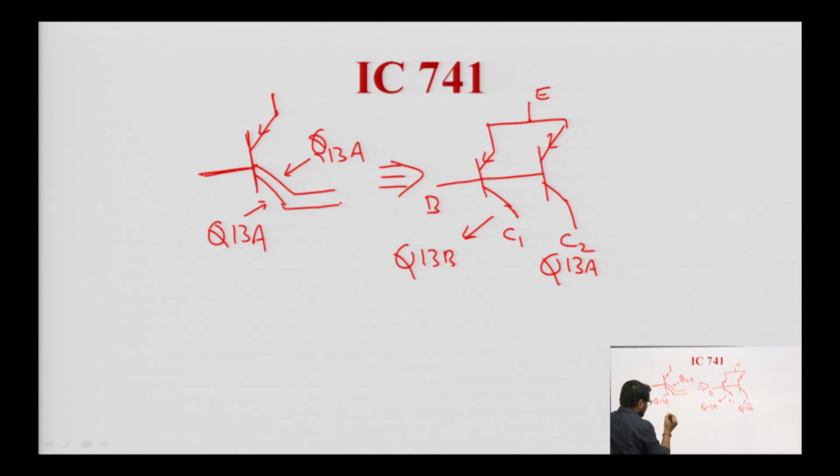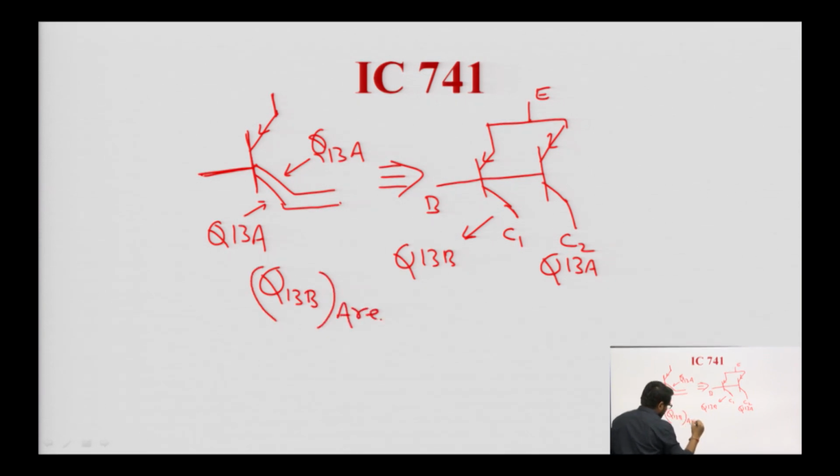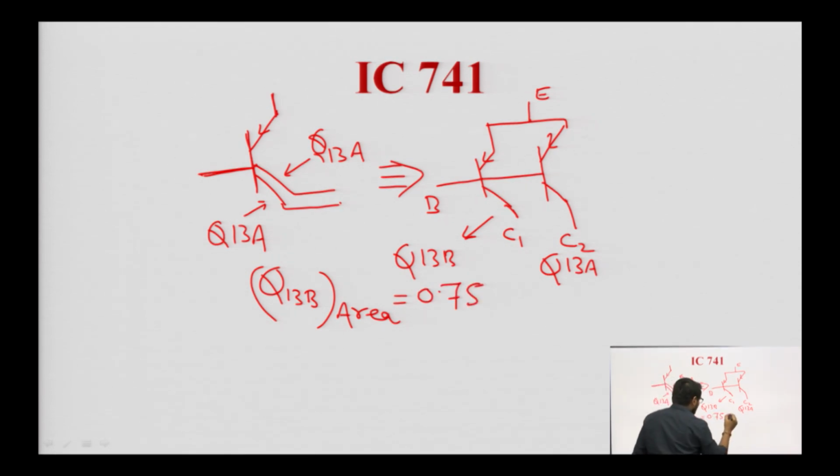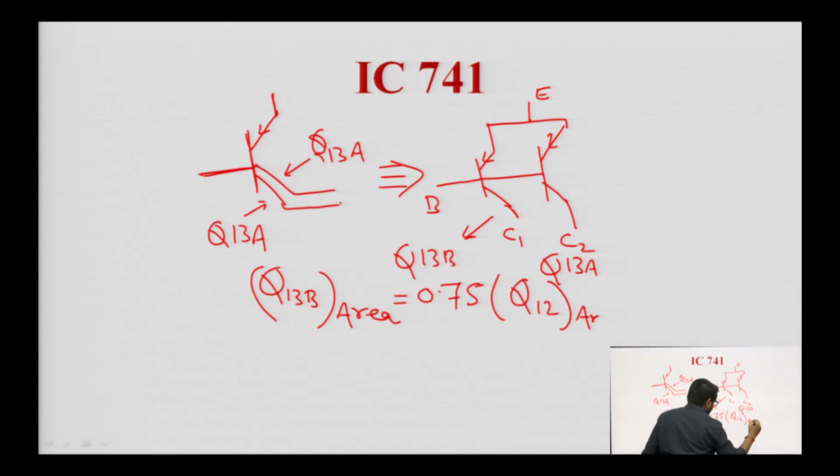The condition says that the Q13B area is 0.75 of the area of Q12. Okay. Q13B fabrication area is almost equal to 0.75, or 3 by 4, of the fabrication area of Q12. Okay.